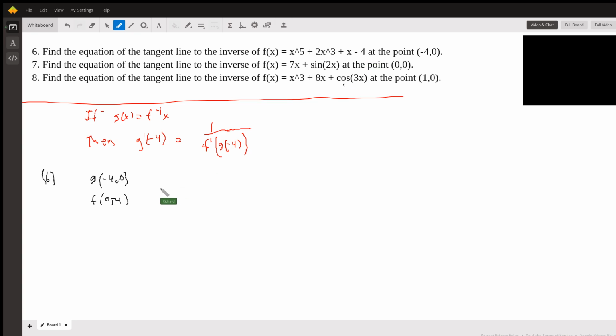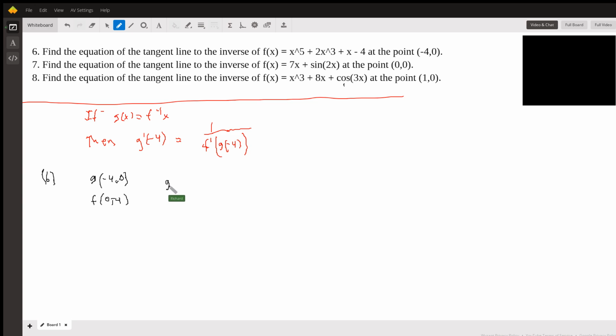So now we're ready to find the slope of the tangent line to the inverse function, even though we don't have an expression for the inverse function. Oh, it's very metaphysical here.